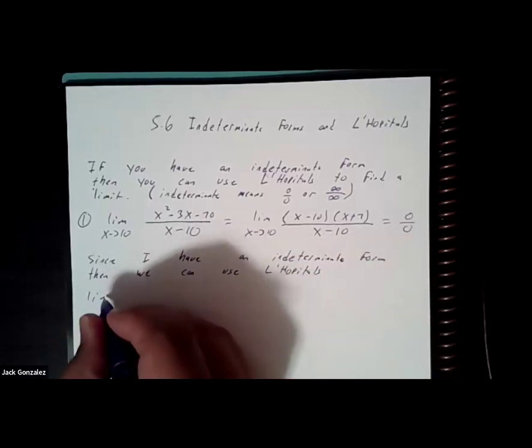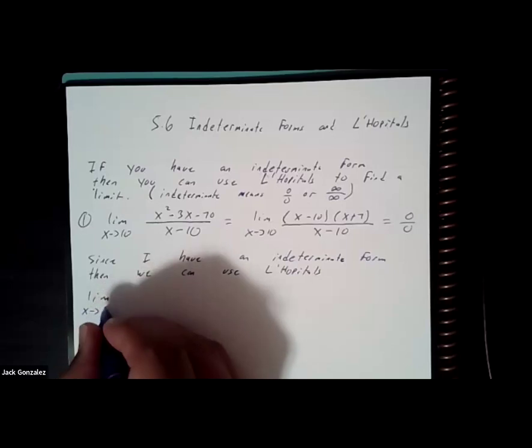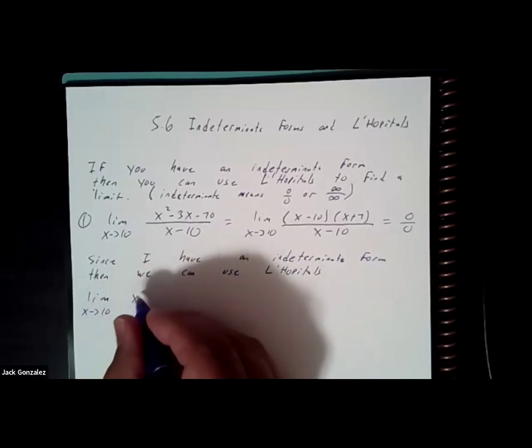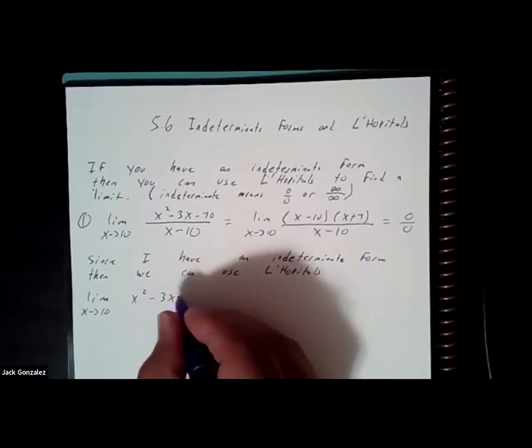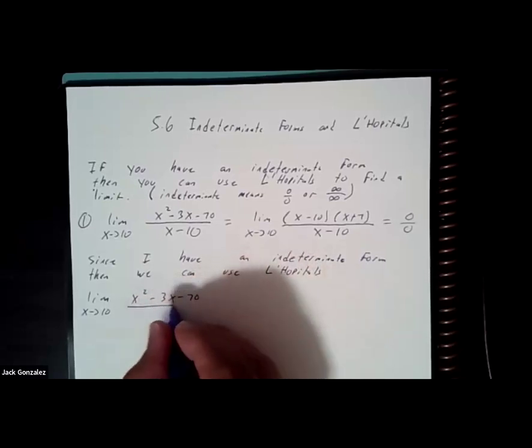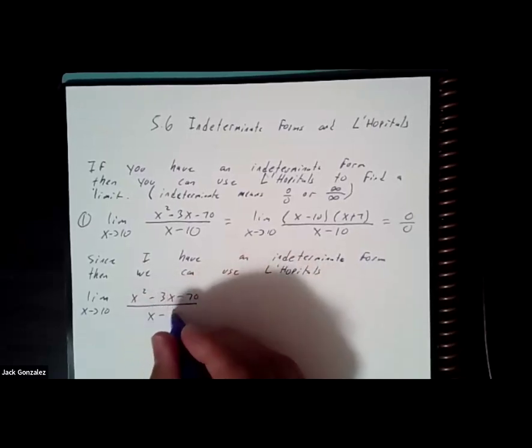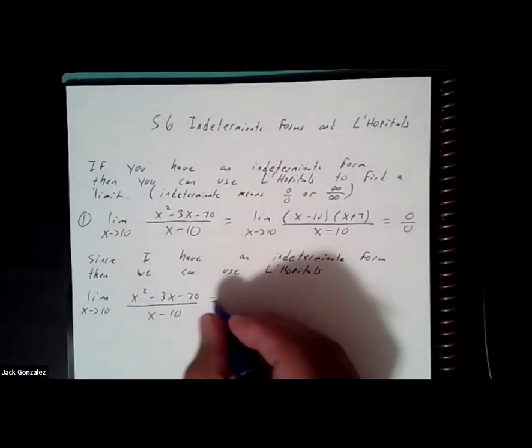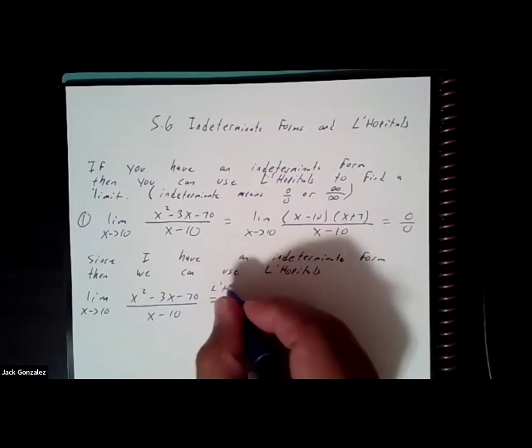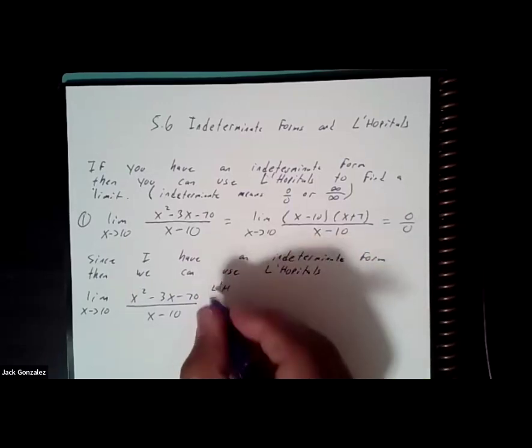So here we go. And all L'Hopital is, you do a derivative of the top and bottom without doing any quotient rule. You do them separately. So I'm using my L'Hopital rule right here.